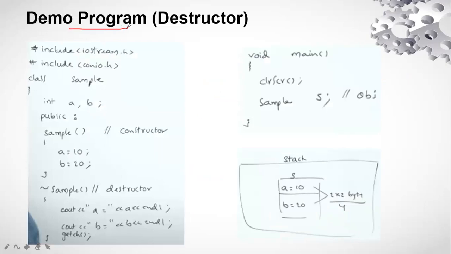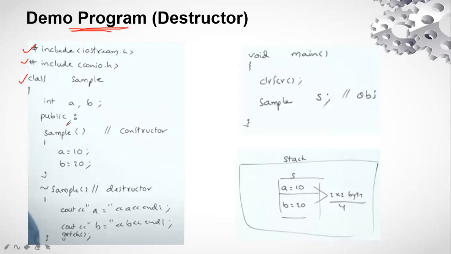Let's see within a demo program how we can code and call the destructor. This is the general format: include iostream and conio.h. Now I have defined a class named sample. Starting the curly braces, I have defined the integer variables a and b, public, because the constructor and destructor have to be defined in the public area of the class.